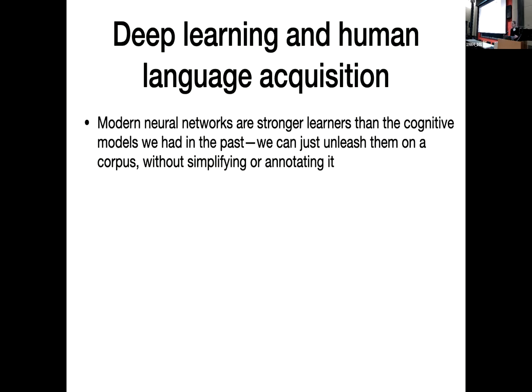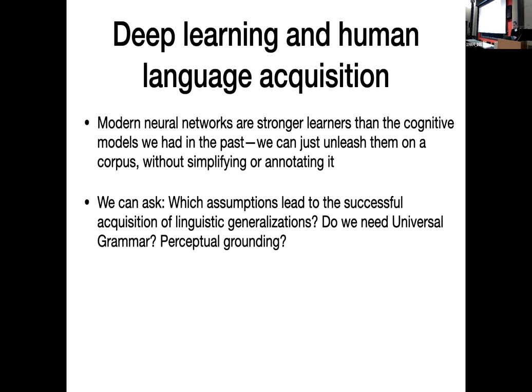Again, they might not learn exactly the same way as a human, but they do way better than the models that we had before. So we can use these models to inquire, for example, which theoretical assumptions lead to the successful acquisition of linguistic generalizations. We have different theories in linguistics and cognitive science that tell us that certain things are necessary to acquire language.